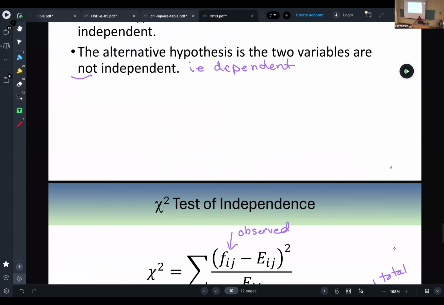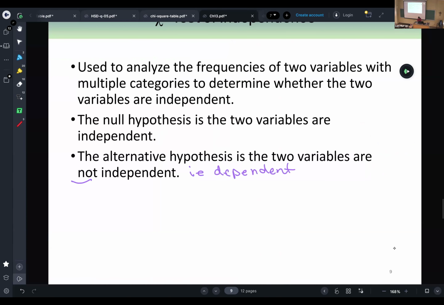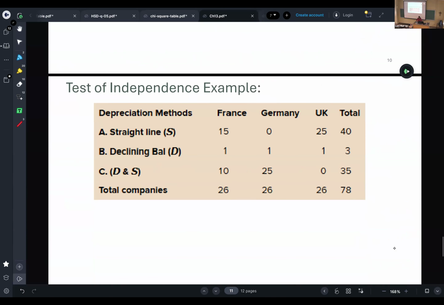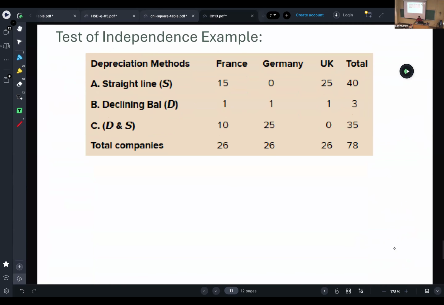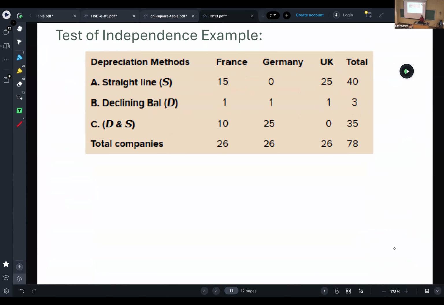So the null hypothesis is that the two variables are independent versus they are not independent. We're going to run this test using this accounting data. You probably know more about these depreciation methods than me. There are 3 different depreciation methods: straight line, which we denote with S, declining balance, which we denote with a D, or a combination of the two.